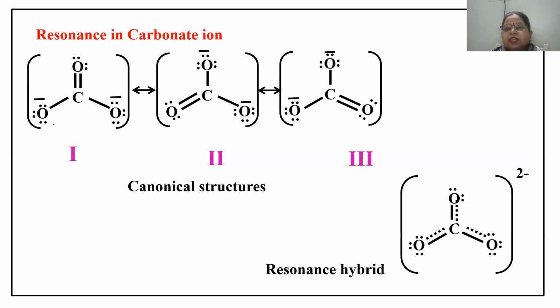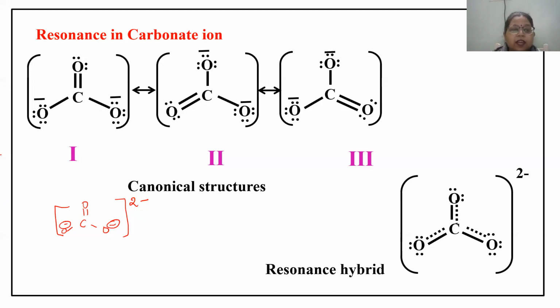There is a common mistake which I usually find in your question answer copies: students put a negative charge. If I'm redrawing structure number 1, they put 2 negative charges here and 2 negative charges here also. That is incorrect, right?